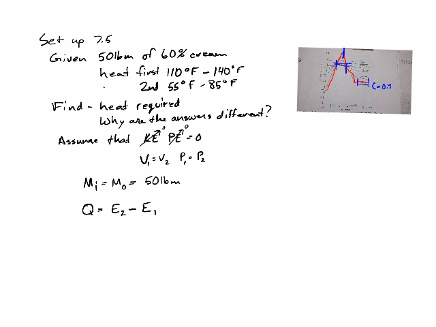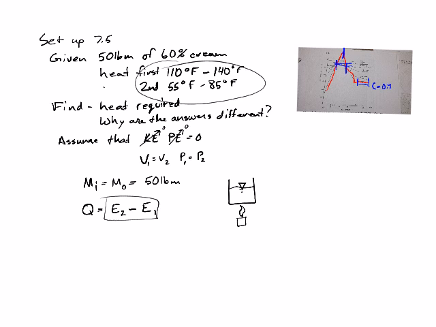That's because we have a container with cream in it, and that container is being heated. So we're adding energy to the system. Really what we're trying to figure out here is what that change in energy is for these two temperature states.